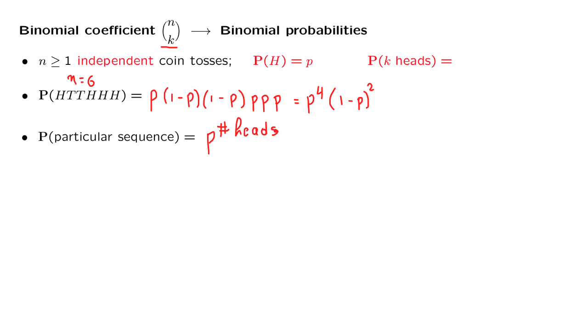And the reason is that each time that there is a head showing up in this sequence, there is a corresponding factor of p in this numerical answer. And then there are factors associated with tails. Each tail contributes a factor of 1 minus p. And so we're going to have here 1 minus p to a power equal to the number of tails.